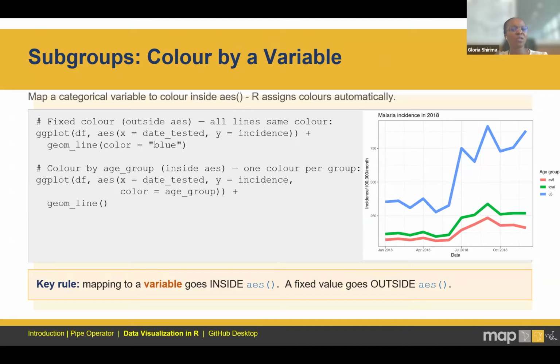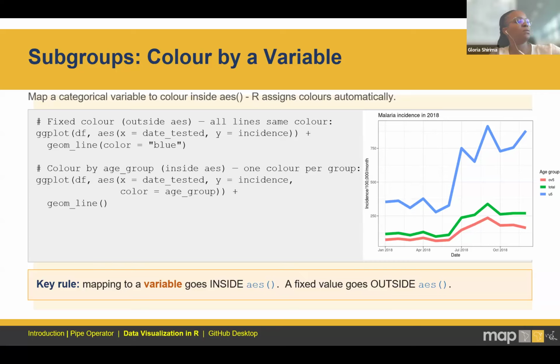You can do all of it with the same color, so that all 3 lines are blue, but sometimes you want it changing. If you want it changing, you have to differentiate the color according to the age group, which is a variable inside your data frame. Because it's changing, there is a way of keeping it inside the aesthetic, the aes, and also outside. We'll see how we visualize them.